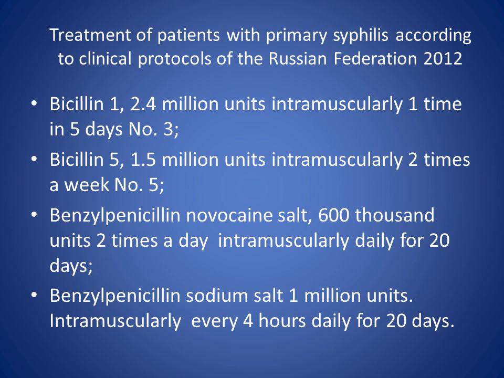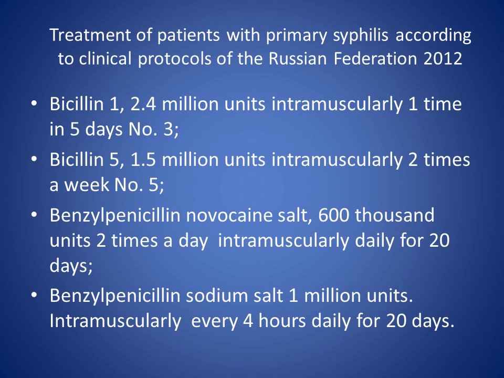Treatment of patients with primary syphilis according to the clinical protocols of the Russian Federation. Number 1: Bicillin-1, 2.4 million units intramuscularly 1 time in 5 days. Number 3: Bicillin-5, 1.5 million units intramuscularly 2 times a week.